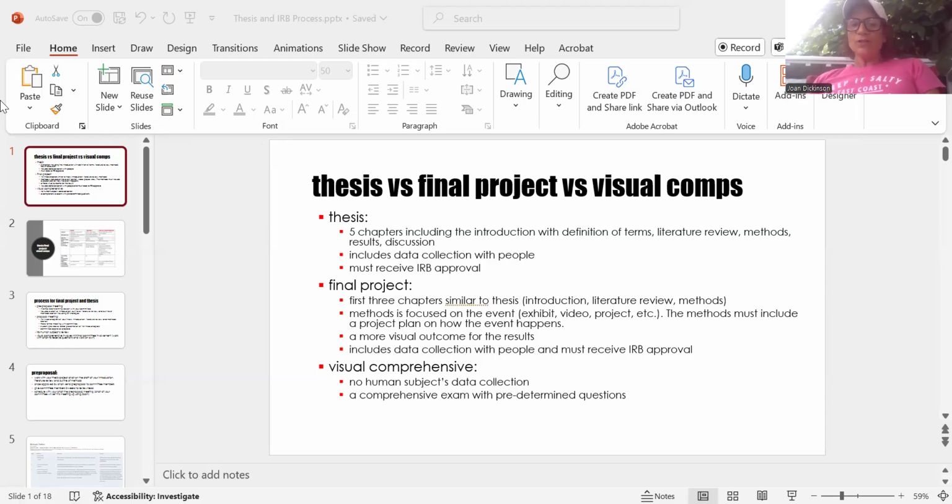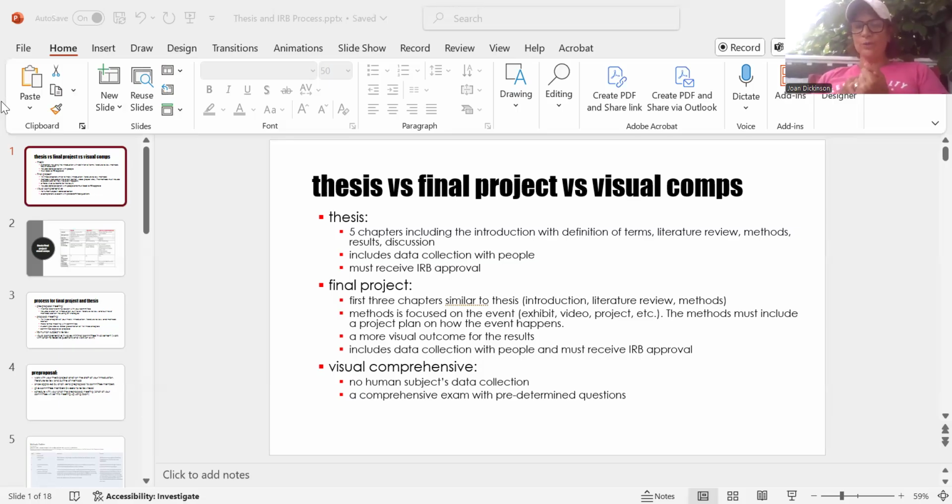So the final project is actually similar to a thesis. The first 3 chapters, you still have an introduction, a literature review, and a methods. But the difference with the final project has to do more with the output. The output tends to be more of a creative output. It could, for example, be an exhibition.